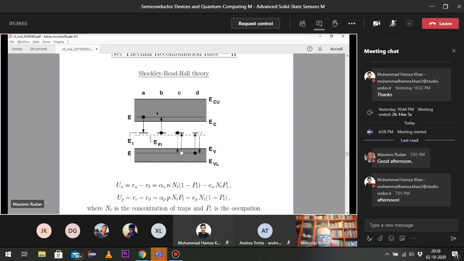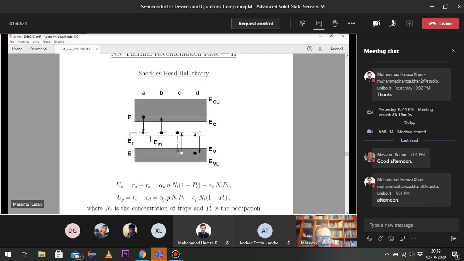That is, electrons of the conduction band, holes of the valence band, and then we shall consider the population of the acceptor traps, and it is useful to consider them as electrons trapped in the acceptor traps, okay?